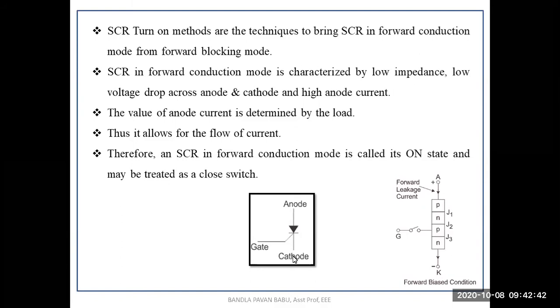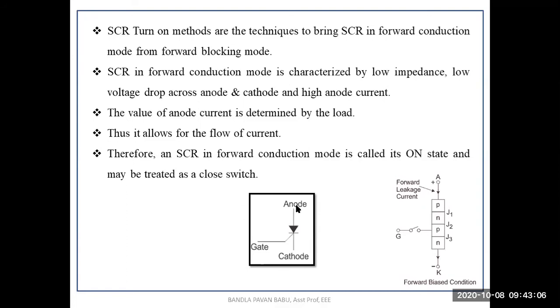So when the switch is completely closed, let's just skip which method is preferred. When the switch is completely closed, the impedance offered will be very low, so a huge amount of current flows. Huge amount of current means the anode current, and this anode current depends on the load.